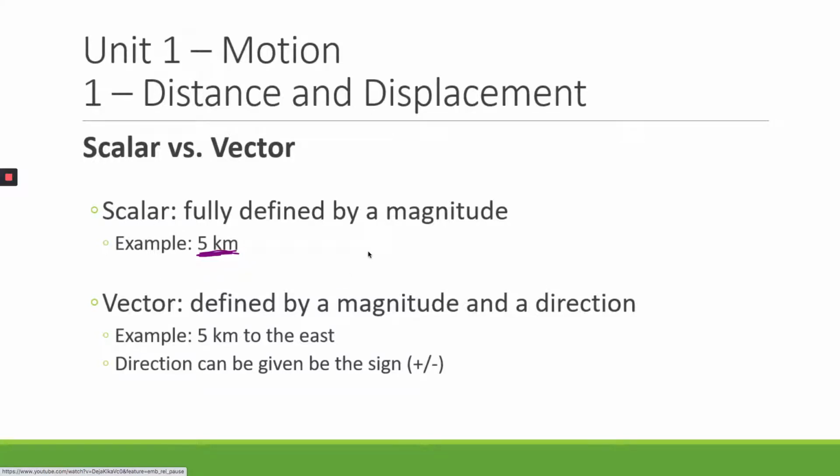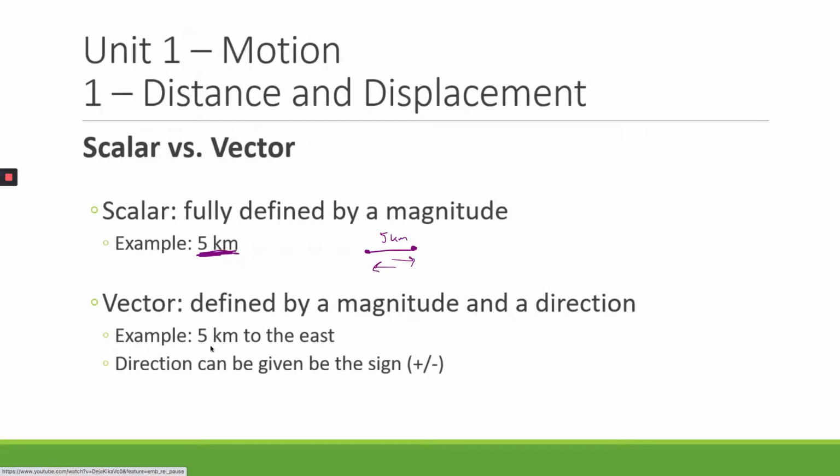So in math, you might think of a line segment as a scalar. So 5 kilometers, line segment, scalar. Now in motion, we have to think a little bit deeper than that. We need more definition than that. So is that 5 kilometers in this direction, or is that 5 kilometers in that direction? That would make a difference, correct? So we need to add direction to this magnitude.